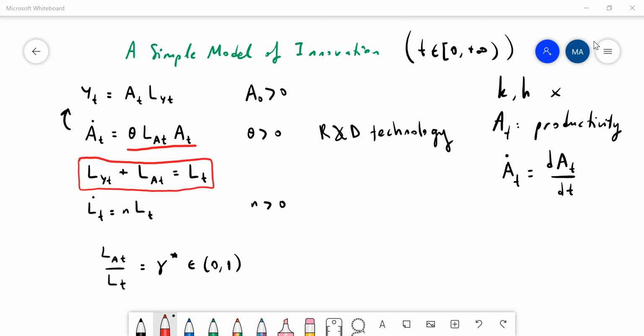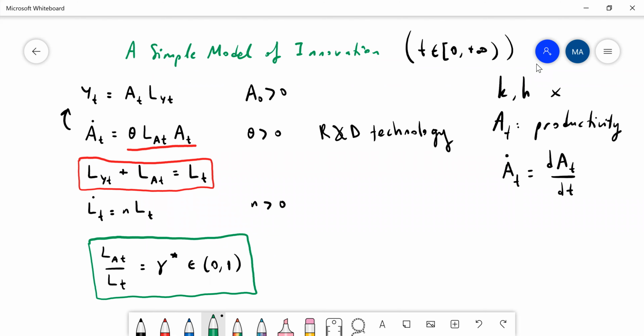So you have this total labor, okay. Gamma star L(t) is going to be employed in R&D. 1 minus gamma star L(t) will be employed in output.